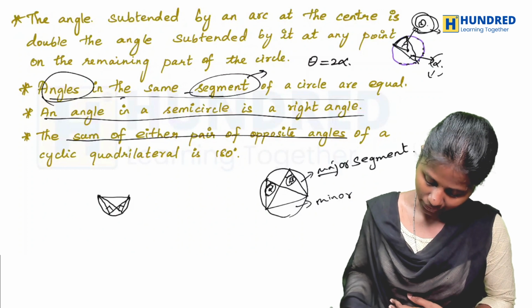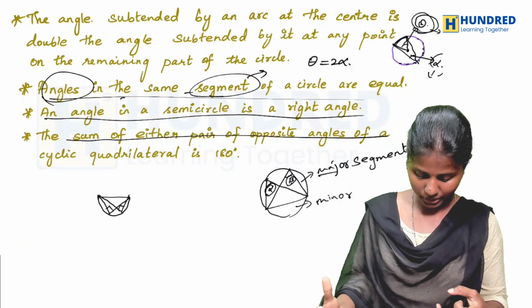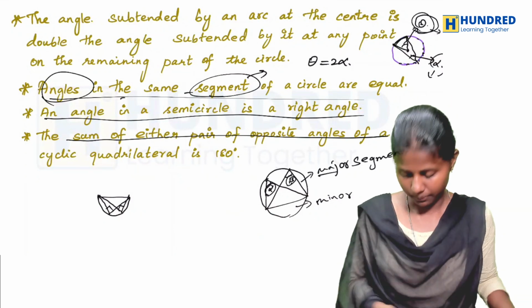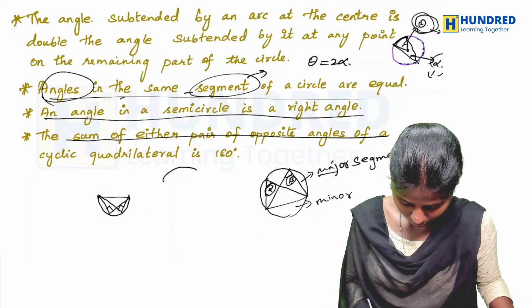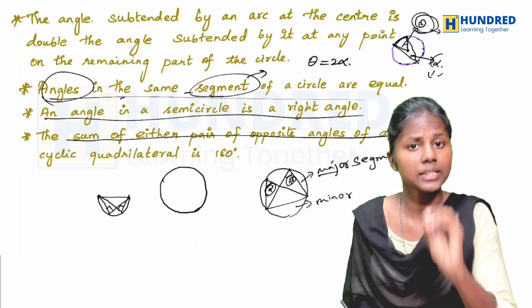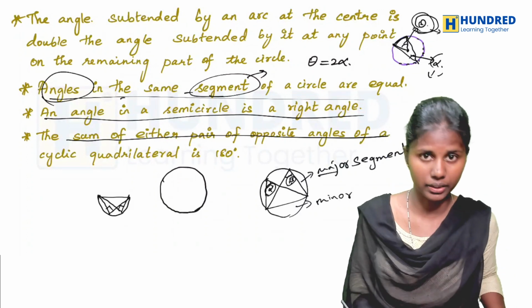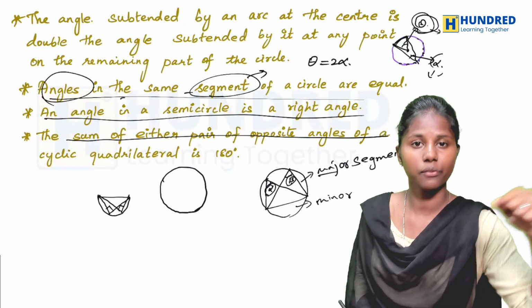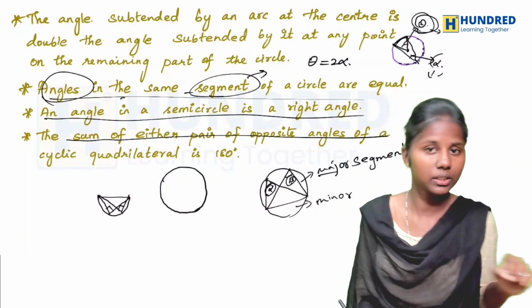And the sum of either pair of opposite angles of a cyclic quadrilateral. What is a cyclic quadrilateral? First I have to draw a circle and a quadrilateral. A quadrilateral is a shape which has 4 vertices or 4 corners. Those 4 vertices lie on the circle.